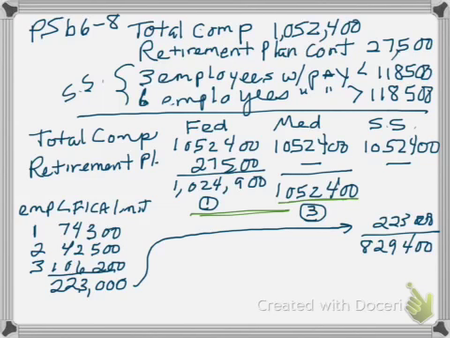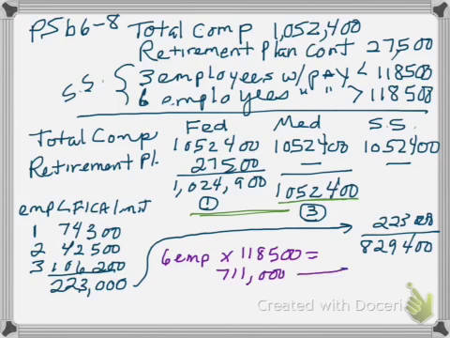Okay, then I'm going to subtract the amounts that were subject to the FICA limit. So I had 6 employees that hit the FICA limit of $118,500. Which if I multiply that is equal to $711,000.